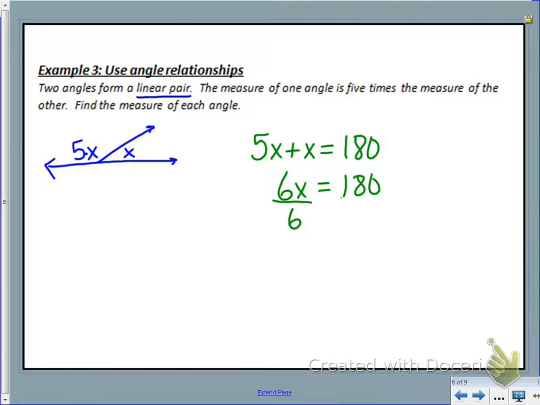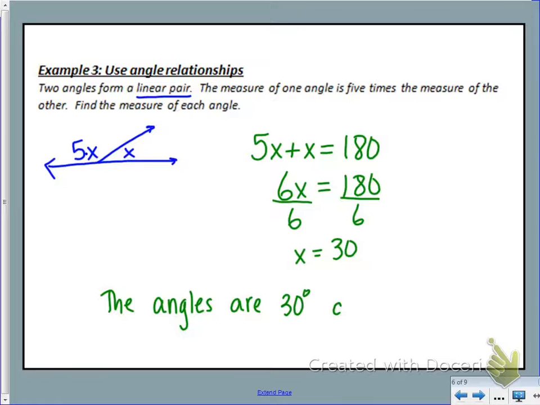And when I divide by 6, I find that x is 30. Well, if x is 30, then that means one of my angles is 30 degrees. And the other angle must be 5 times x, or 5 times 30, which is 150 degrees. So the angles are 30 degrees and 150 degrees in this situation.